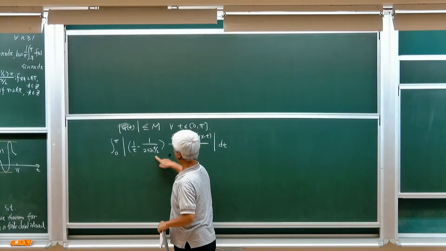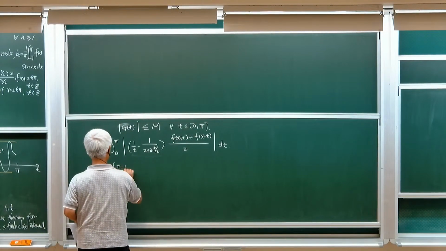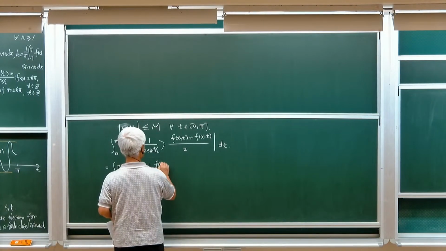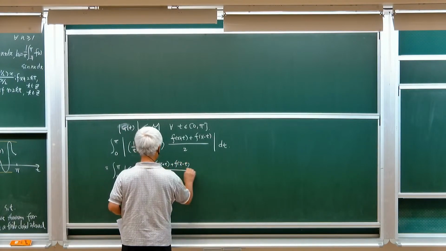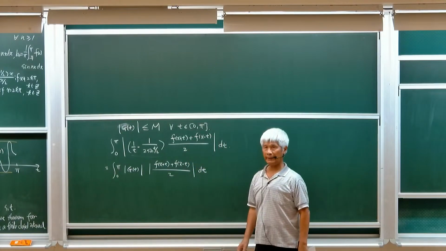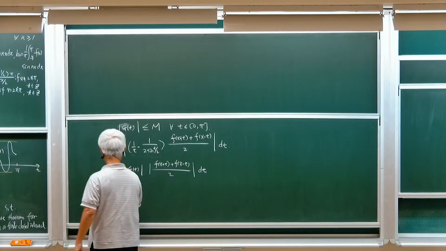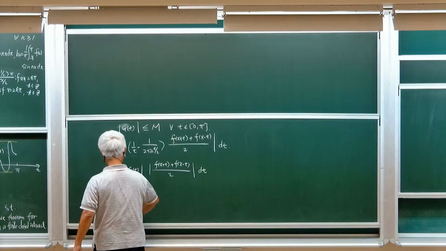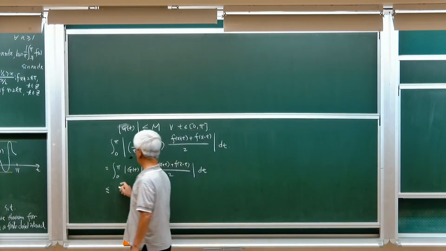This is actually g of t divided by 2, and as we know it has a bound, so we can replace the absolute value of the g function by N.